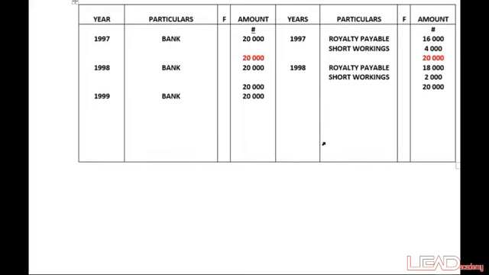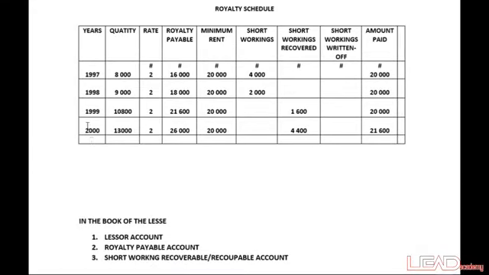So short workings recoverable in 1999 was 1,600. If you sum it up, you're going to have 21,600. So in 1999, on the credit side, we had a royalty payable.